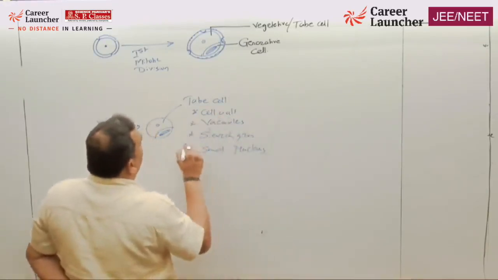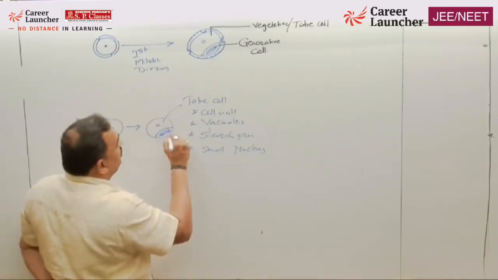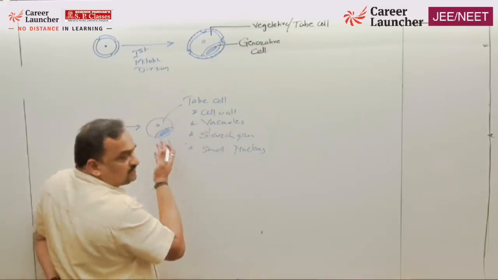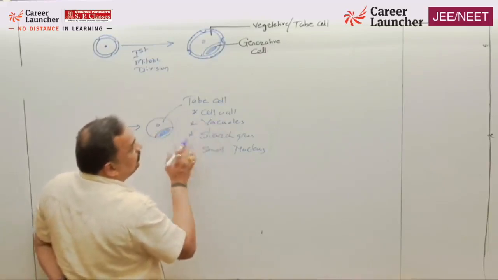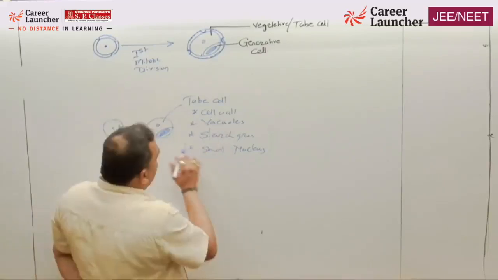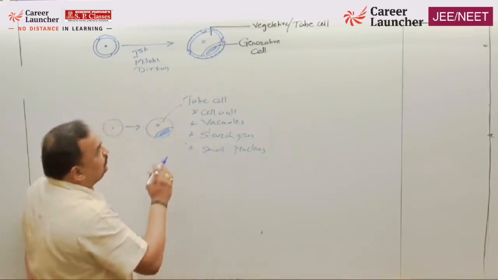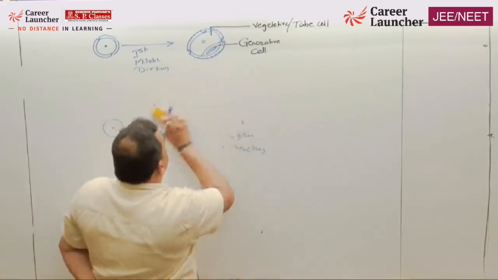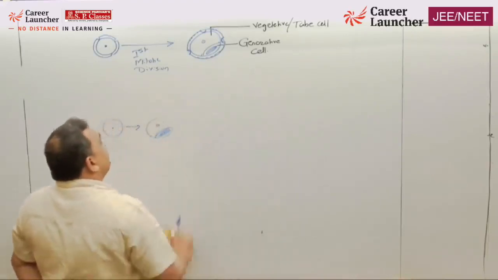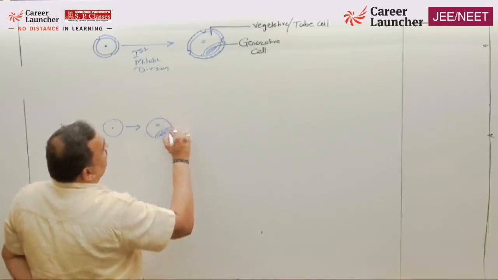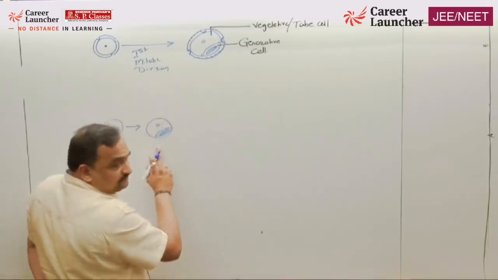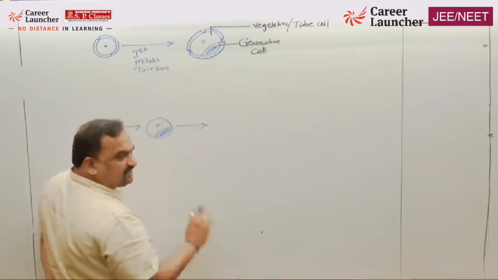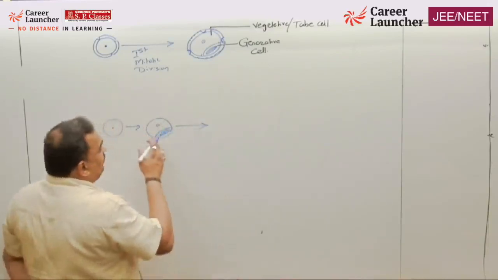There is no cell wall in this particular area because majority of the area is covered by the nucleus itself. No vacuole, no proper cell wall, no starch granules, and we have a large nucleus. So this is the difference between a tube cell and a generative cell. Now once this happens, about 60% of the pollen grains are released in this stage only, barabar, while the remaining ones, okay, are shed afterwards, barabar. What is that?